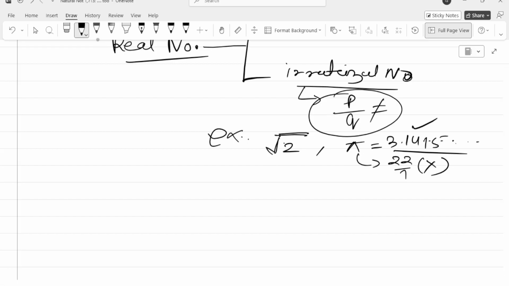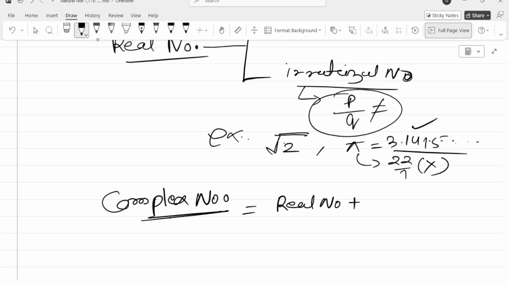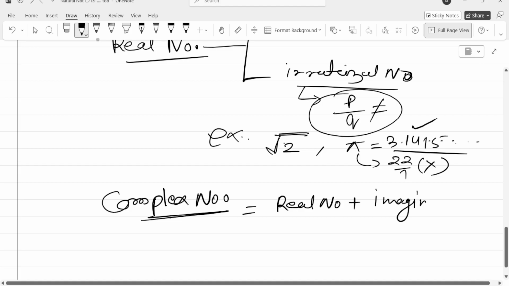Now finally we discuss complex numbers. What is a complex number? A real number with imaginary numbers. For example, the imaginary number in mathematics we denote with iota.